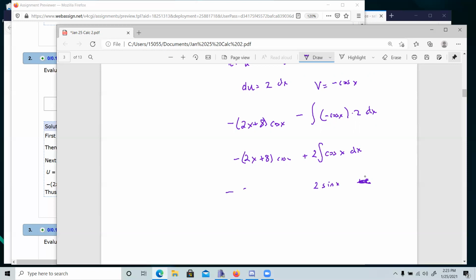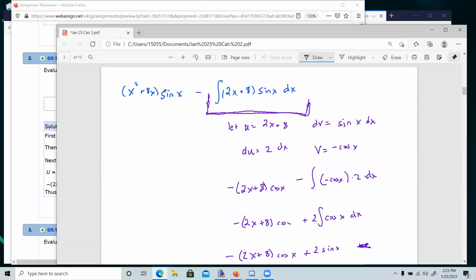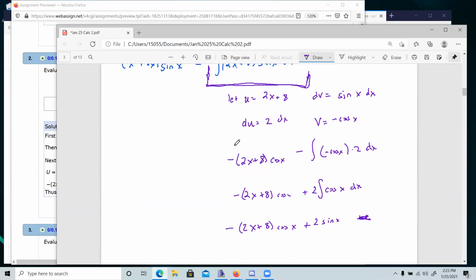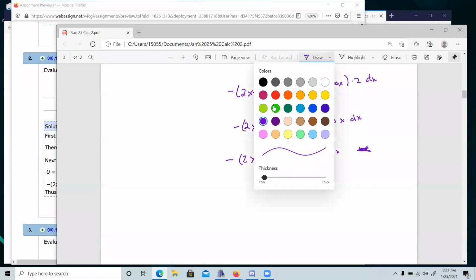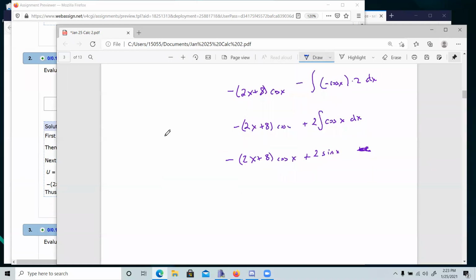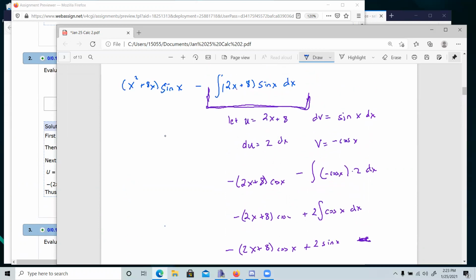Okay. So we've got negative 2x plus 8 cosine x plus, right? Because now it's plus, all of that. And we're going to go back into here, right? And we're going to say, okay, great, this is back to blue. So this is x squared plus 8x, right?